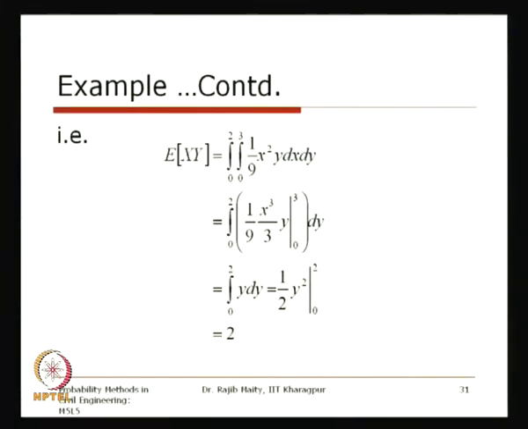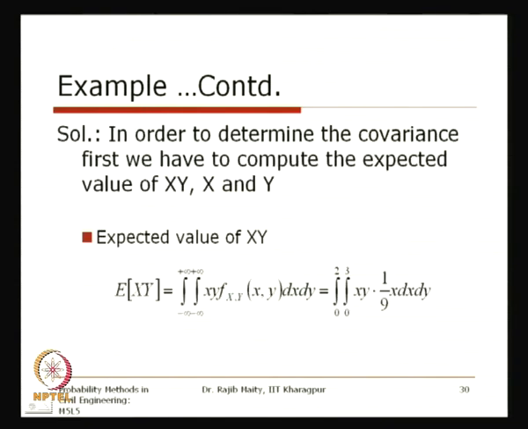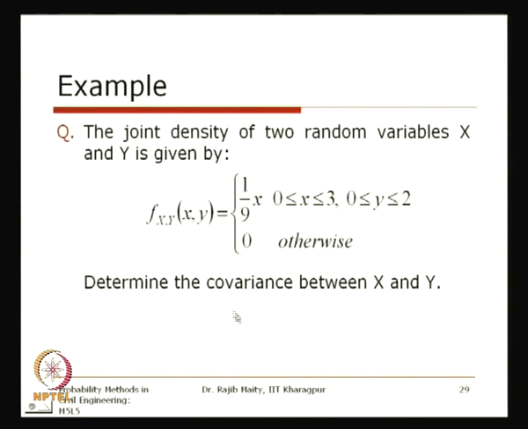For that, we have the joint density with us. Now, we can get their individual marginals, and after that we can check whether they are independent or not. Our marginal density given here is 1/9 x for this range.